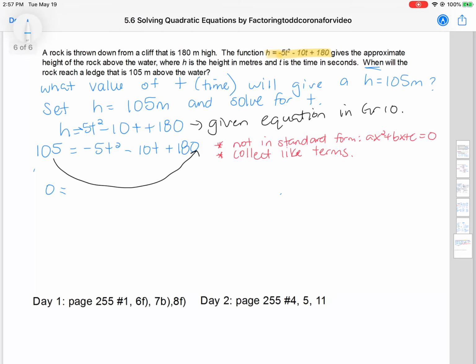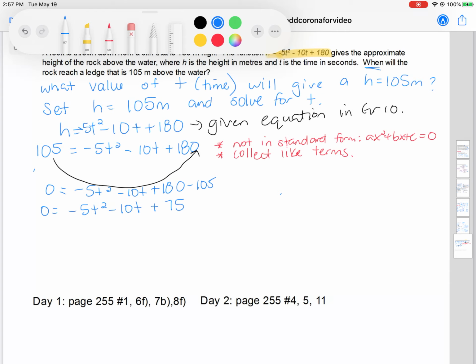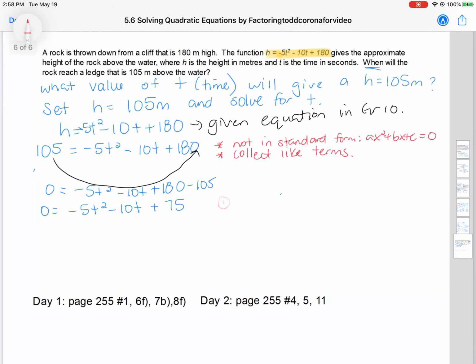I'm going to bring the 105 over. It doesn't really matter where you put the 0, but because the equation's given this way, we'll put it this way. It doesn't matter what side it goes on. So now we have standard form, and now we can get to work.